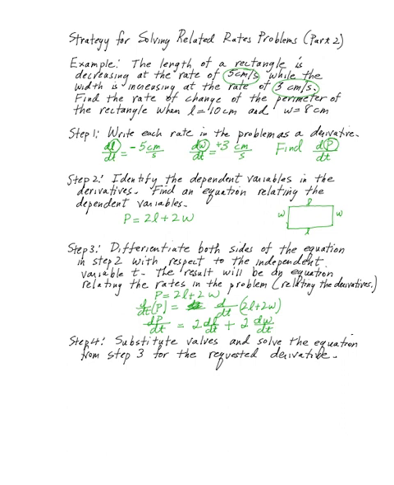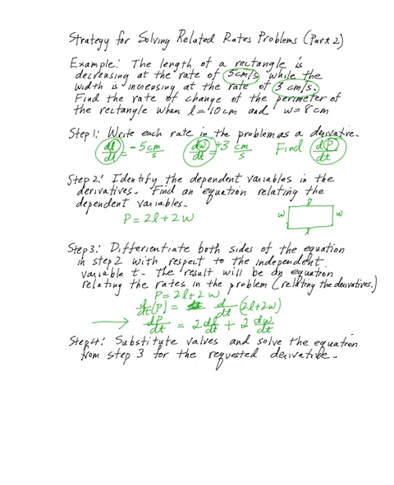So the result from step 3 is we now have an equation that relates these derivatives from step 1. Again, the derivatives in step 1 were dL/dt, dW/dt, dP/dt, and we now have an equation that relates those 3 rates.